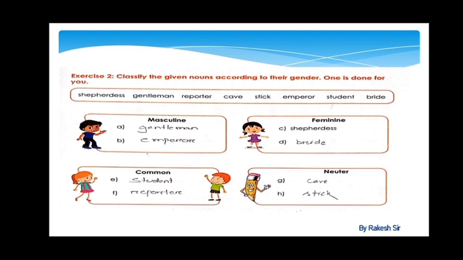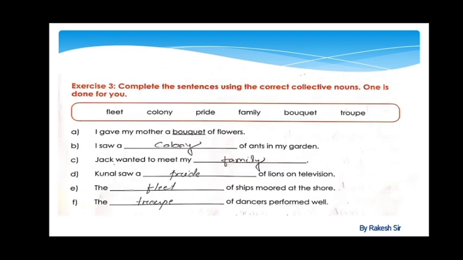Okay. Now move to the third exercise. Complete the sentences using the correct collective nouns. I said a collective noun means a group of people or things.